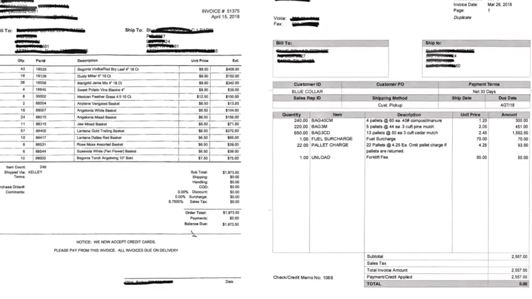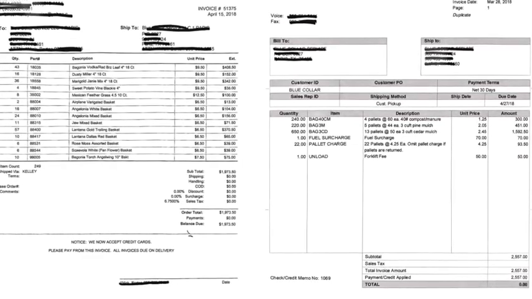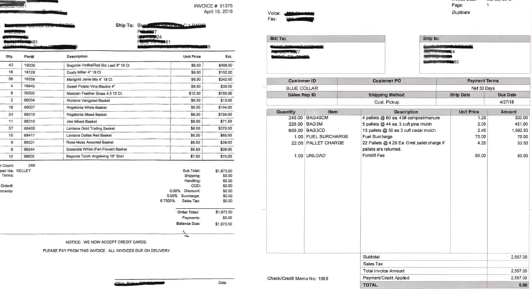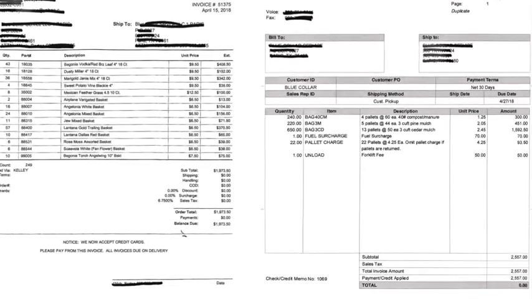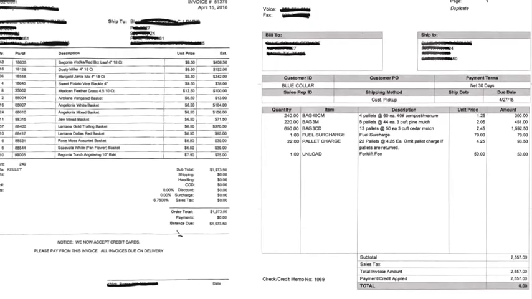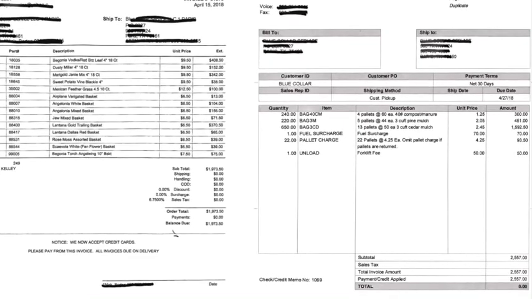We pay it up front, and we get it back when we return the pallets. The forklift fee and this fuel surcharge, I don't mind paying that at all because it saves us a ton of labor. But just notice that in the P&L, there is a section in there for delivery fees and charges and things like that. So pay attention to the fine print.